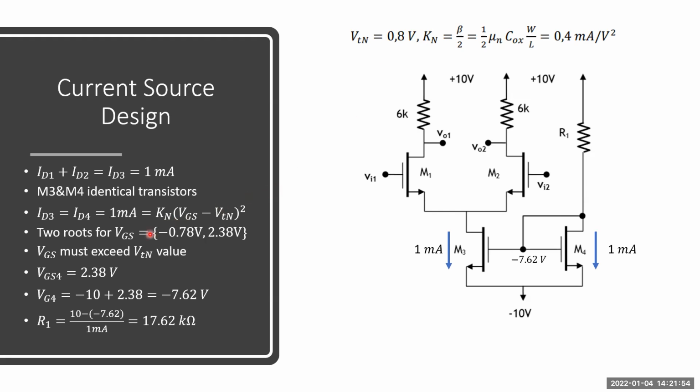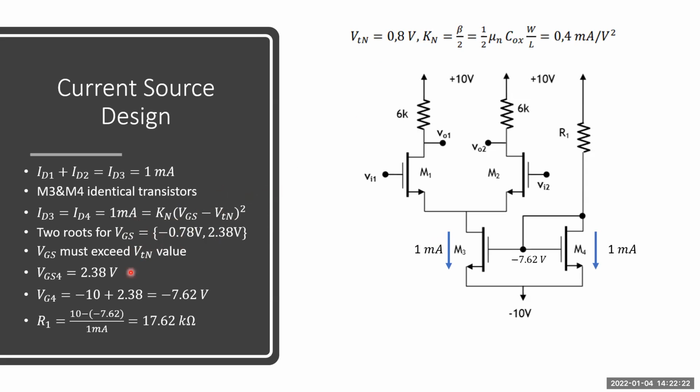This is actually a quadratic equation, so we have 2 roots for VGS. The first one is minus 0.78 volt. We cannot use this value because we assume that all transistors operate in saturation region. For this value, VGS is less than the threshold value, which means this MOSFET operates in cutoff region.